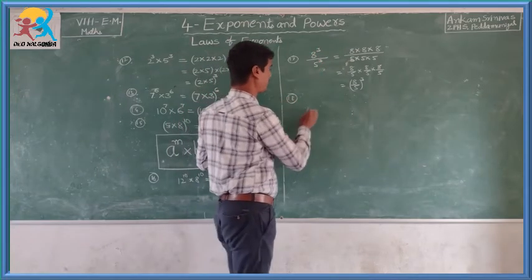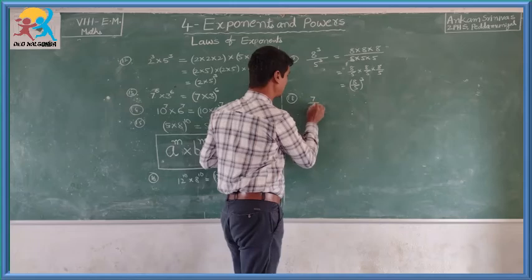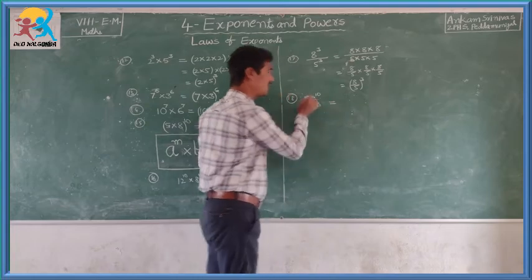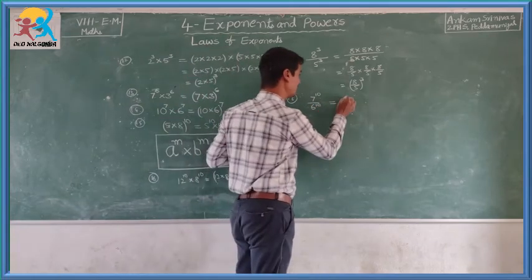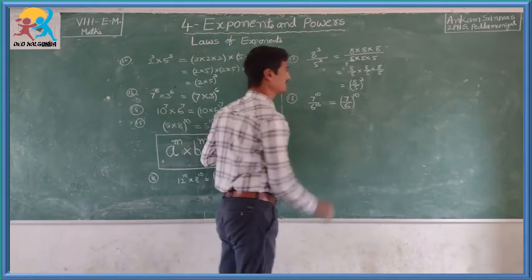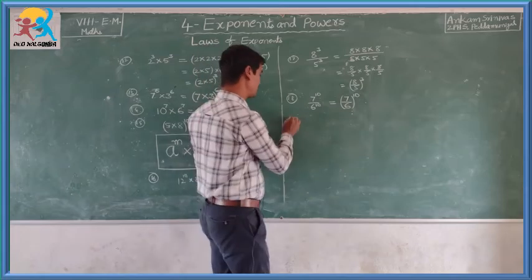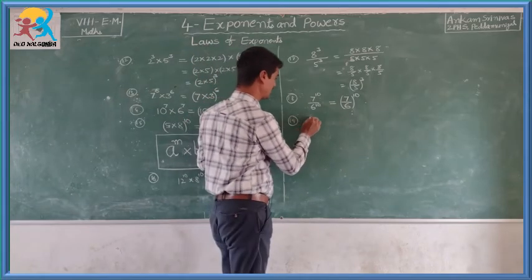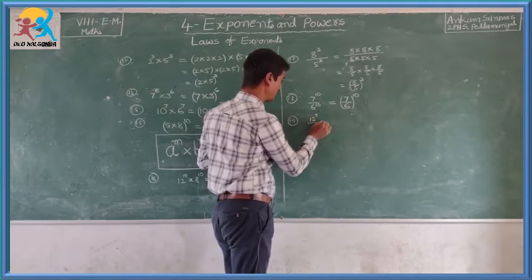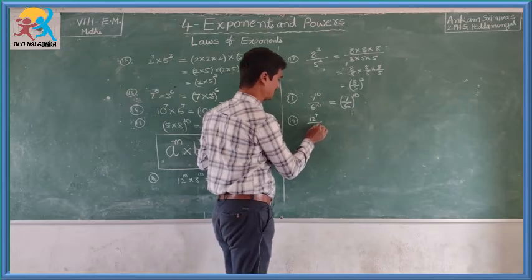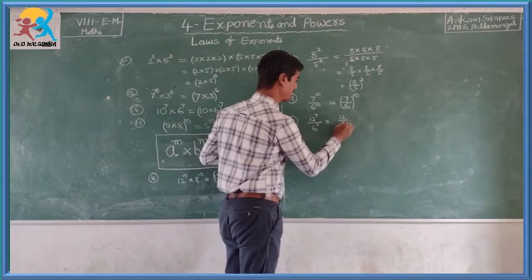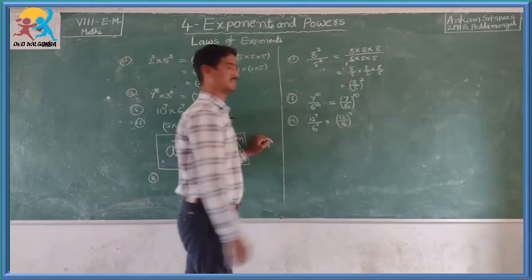Suppose 7 power 10 by 6 power 10. How can you write this one? It can be written as 7 by 6 whole power 10. Yes or no? Suppose 12 power 7 by 6 power 7. How can we write this one? 12 by 6 whole power 7.